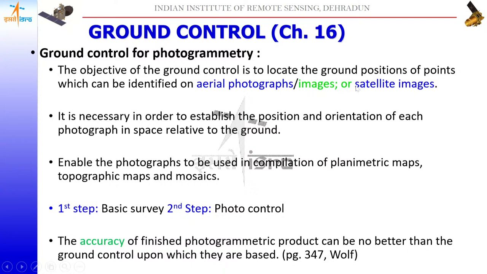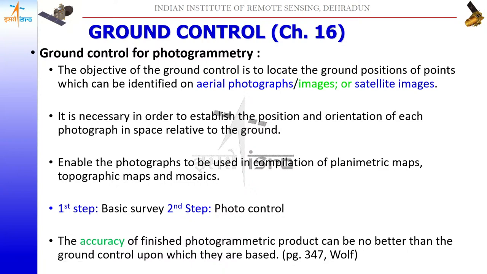It can be the edge of roads or some reference point locations where you are standing on the ground physically. That location can be relocated on your satellite data as well.